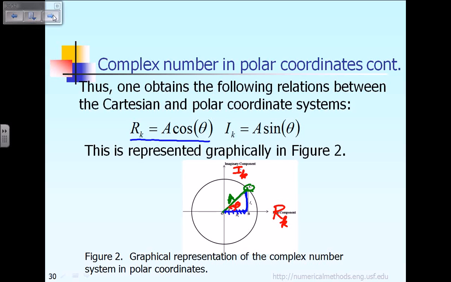And similarly, the imaginary component in the Cartesian coordinate, I sub k, is given by A sin theta. So what I'm trying to tell you is that a complex number can be represented in the Cartesian coordinate by the real component r and the imaginary component capital I, or it can be expressed in terms of the polar coordinate, amplitude A and the angle theta. The two systems are related by those two equations.